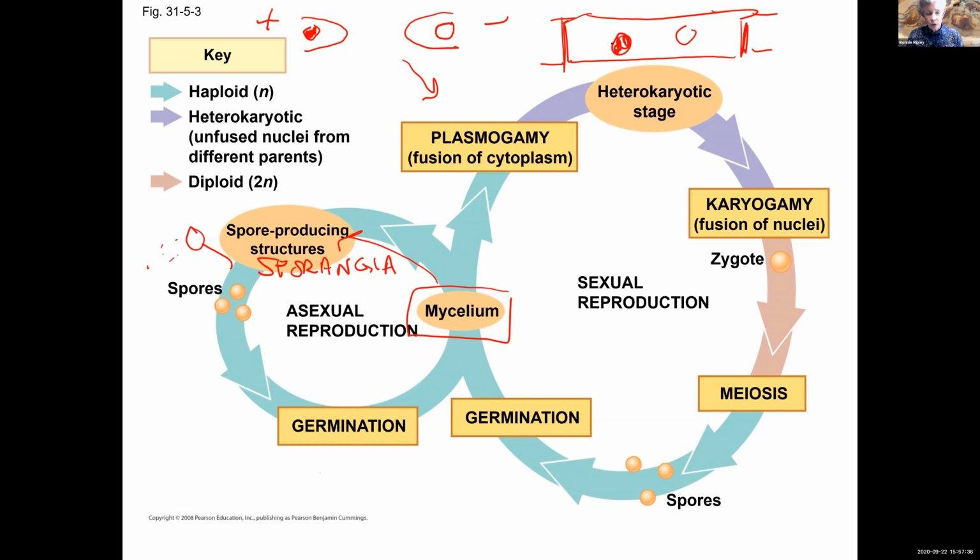So at some point later on, when conditions are good, this cell that's in the heterokaryotic stage is going to be the thing that grows up into the mushroom. Right? And so all of the cells that are in the mushroom grew from the cell that had those two separate nuclei in it.